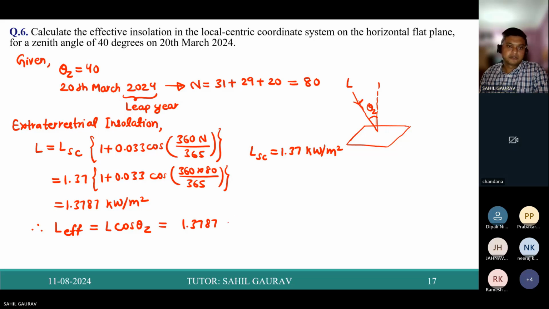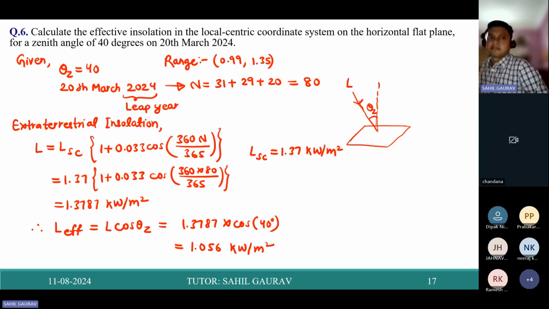That is 1.3787 kilowatt per meter square, and cos theta z is cos 40 degrees. So it is 1.056 kilowatt per meter square. And the range for this problem is given as 0.99 to 1.35.